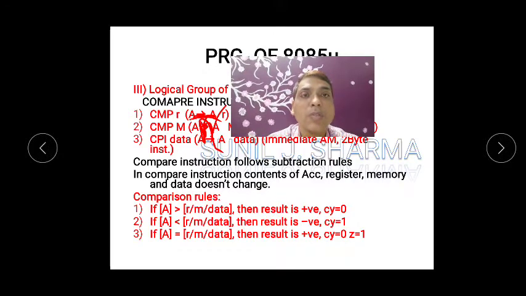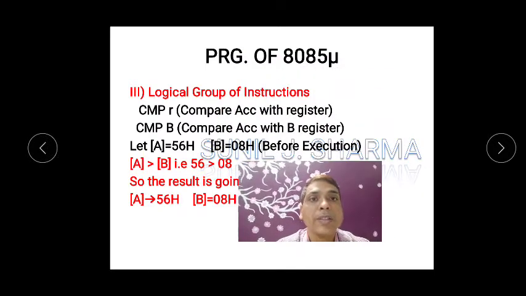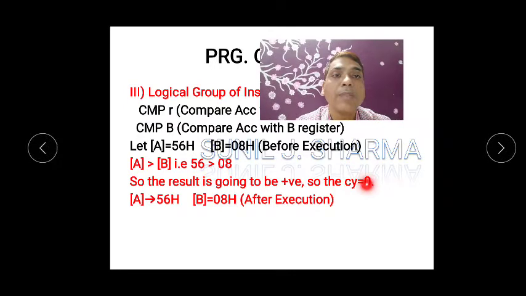Based on these three rules, I'll show you some examples. In this case, compare B: compare the accumulator contents with the B register. Let the accumulator be 56 and the contents of the B register be 08. Here the accumulator content is greater than the B register, so the result is going to be positive and the carry flag will be 0.